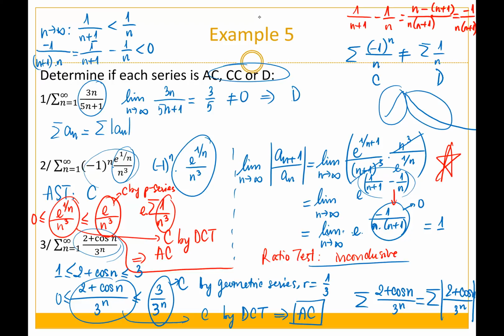you can use alternating series for that one. But then you have to put it in the form that you can use alternating series. So for sure you can prove that it's alternating. But then you have to maybe take the derivative to conclude that it can be conditionally convergent.